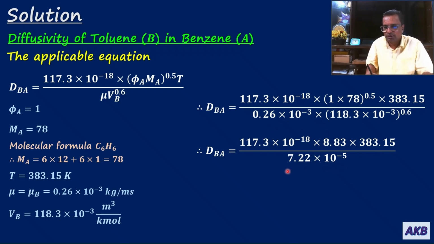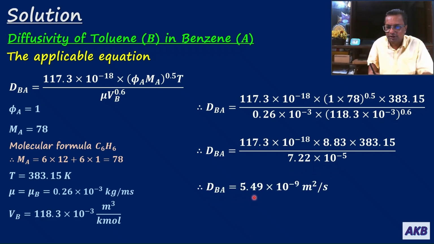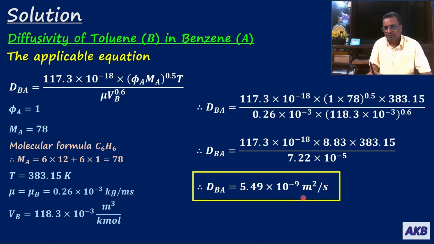The product in the denominator is 7.22 into 10 to the power minus 5. So therefore DBA comes out to be 5.49 into 10 to the power minus 9 meter square per second. Therefore the diffusion coefficient of toluene in benzene is 5.49 into 10 to the power minus 9 meter square per second.